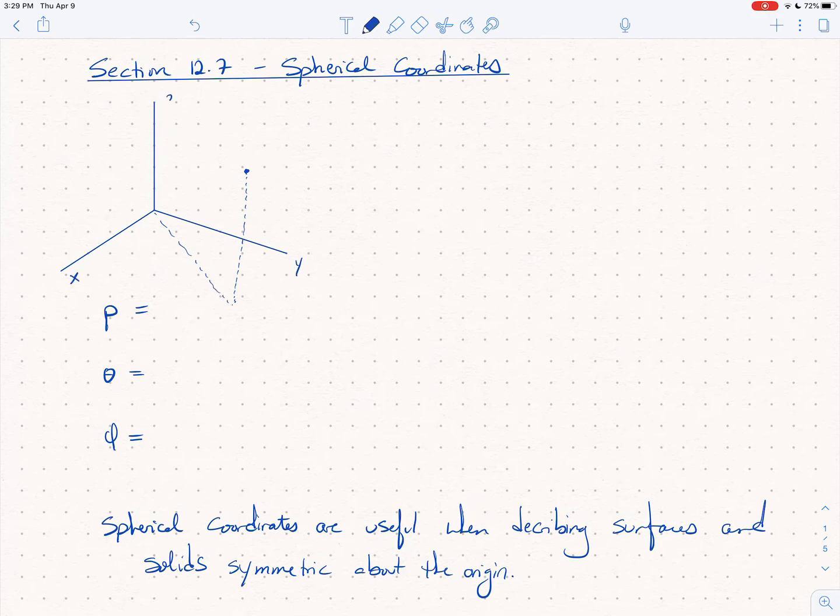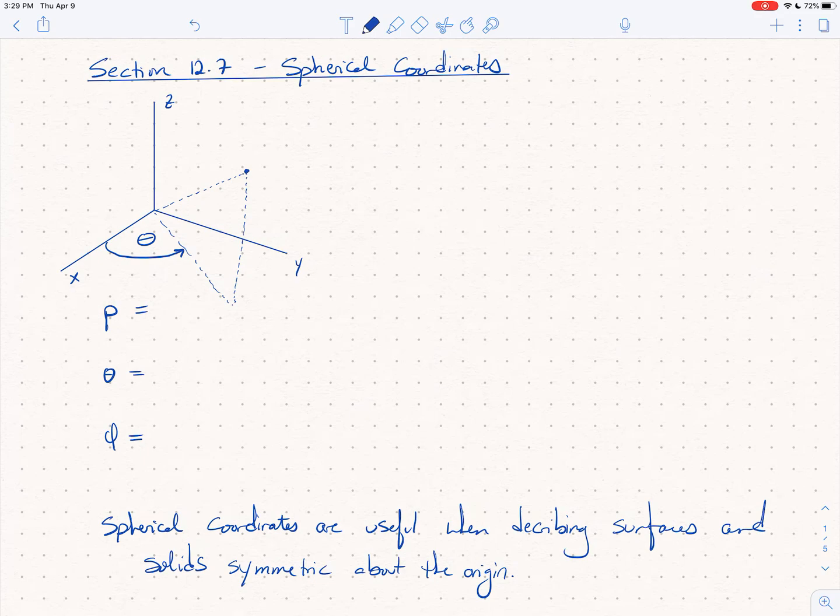This is my x-axis, my y-axis, and my z-axis. Let me begin with what's familiar. Theta, this angle right here, is the same theta you've learned in polar and cylindrical. It's the angle off of the positive x-axis. That's the same. But now we're going to have another angle and another measurement.